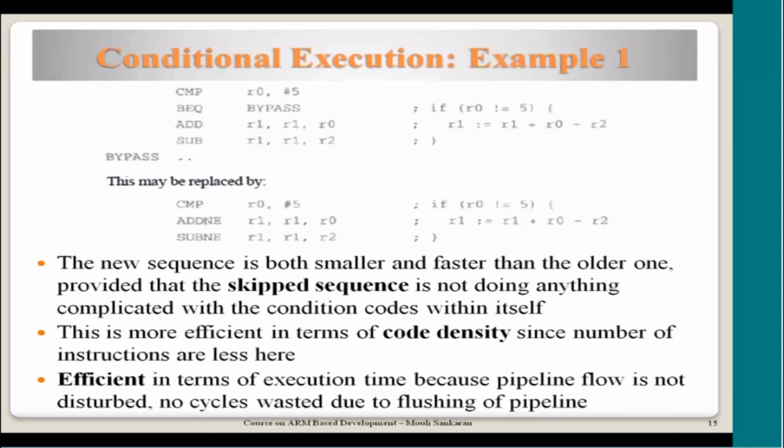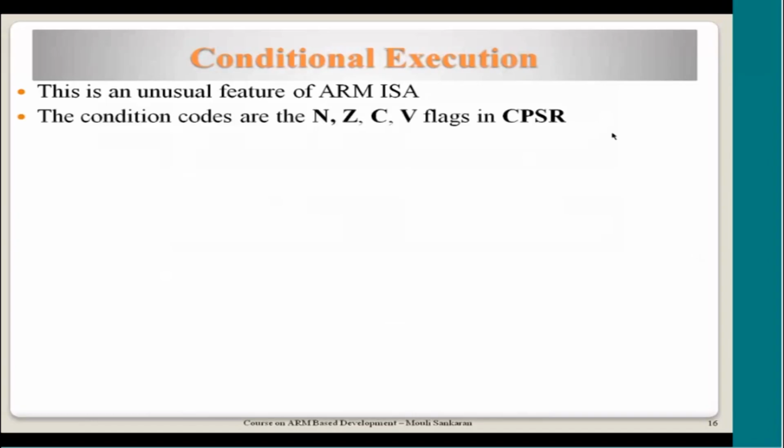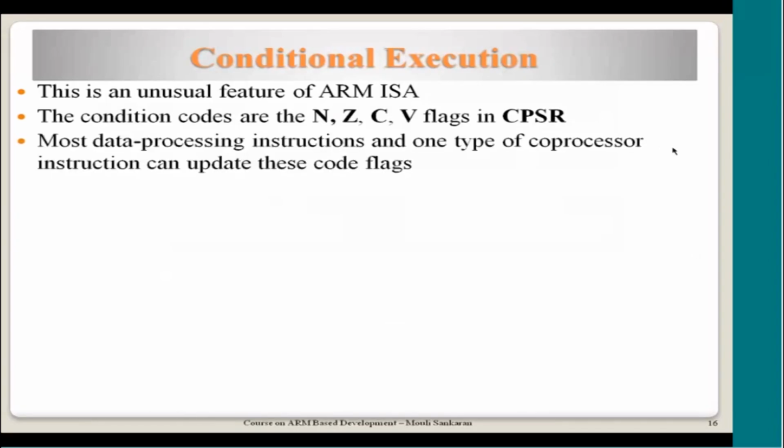But there are some limitations or side effects to this, which we will talk about in the subsequent slides. So this is an unusual feature of the ARM ISA. Conditional codes, and this I am summarizing, are these 4 flags. Most of the data processing instructions do affect these flags.